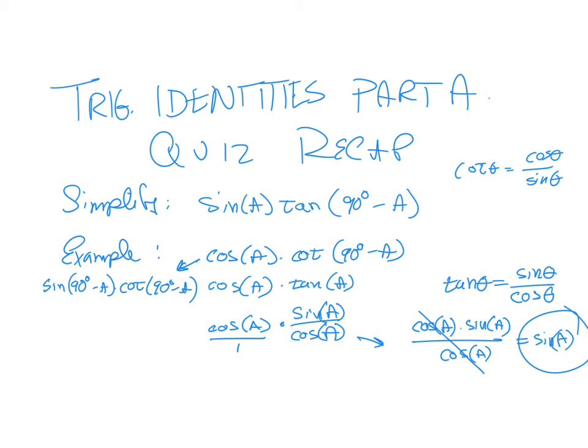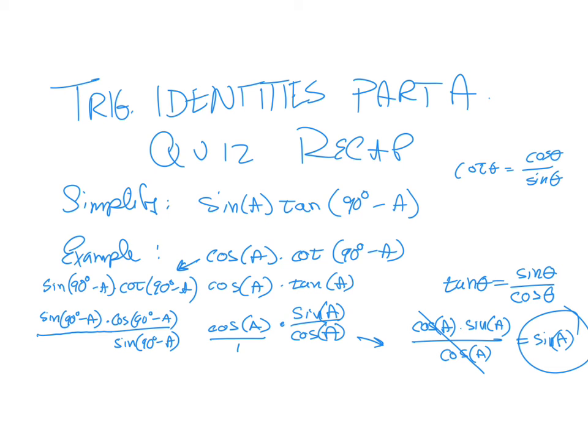So let me rewrite this again as the sine of 90 degrees minus A times cotangent, which is cosine over sine, so this would be cosine of 90 degrees minus A over sine of 90 degrees minus A. And I'm going to extend the bar for my fraction over there, because really when I multiply this single thing on the left by this fraction, I'm going to get, just as I did before, a single fraction with two items in the numerator and one in the denominator.